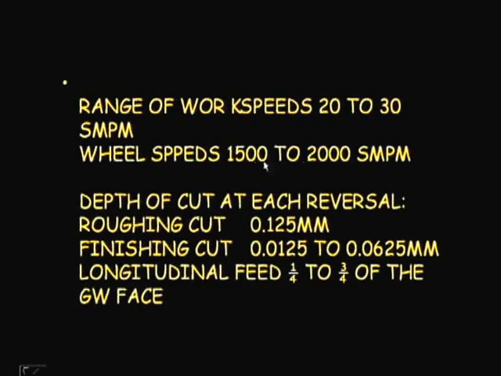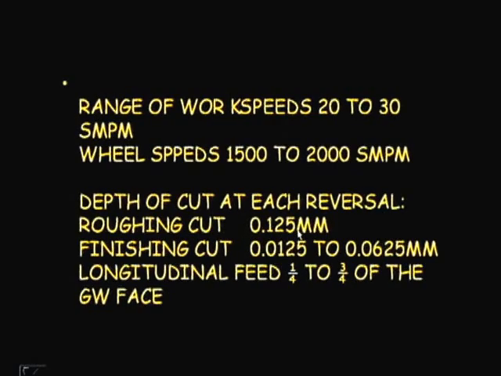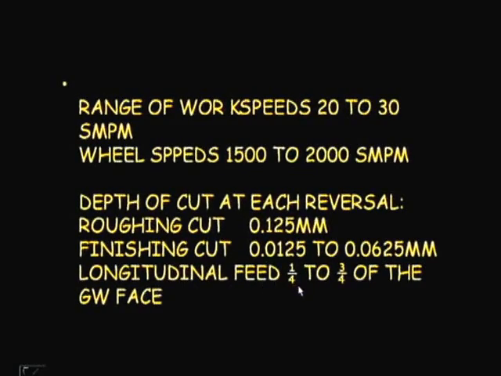Wheel speeds are 1500 to 2000. Depth of cut at each reversal is 0.125 mm for a roughing cut, and for a finishing cut 0.0125 mm to 0.625 mm. Longitudinal feed is 1/4 to 3/4 of the grinding wheel face width, that is, out of the wheel face width, 1/4 to 3/4 can be taken.